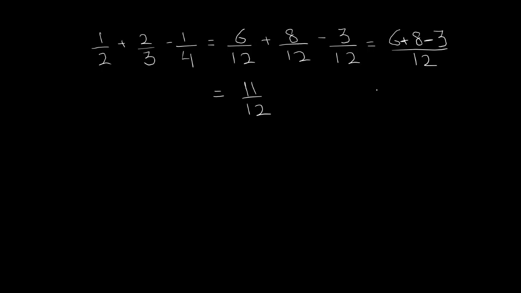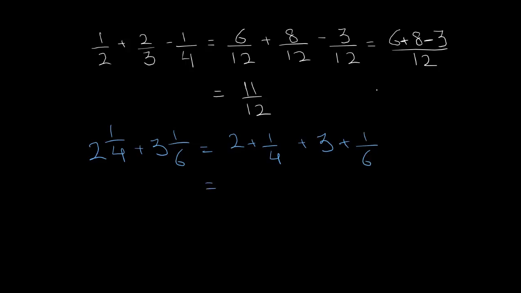You can also have mixed numbers, like maybe you can have a problem like maybe 2 1 over 4 plus 3 1 over 6. And now you can clearly see this is just 2 plus a fourth plus 3 plus 1 over 6.